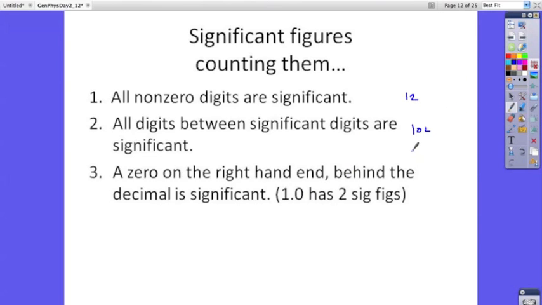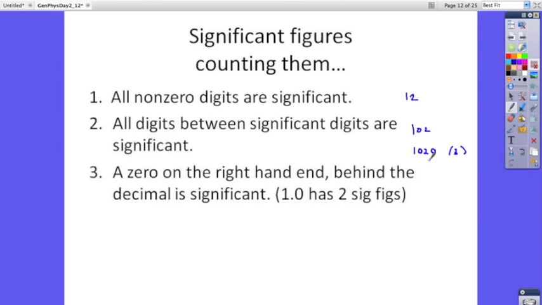On the other hand, if that were 1020, that also only has 3 significant digits. The 1 is significant, the 2 is significant, that one in between is, but this one, it's not. It's not in between two.